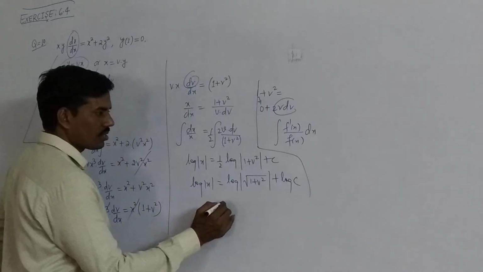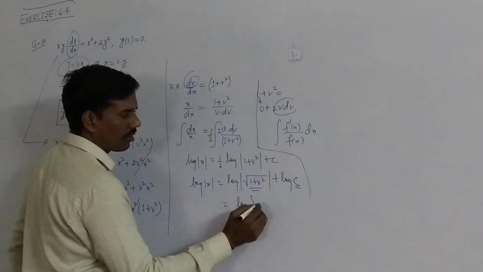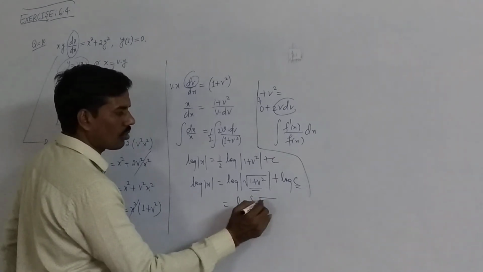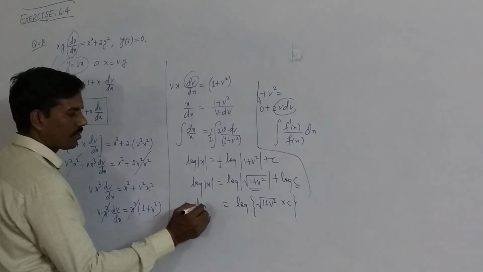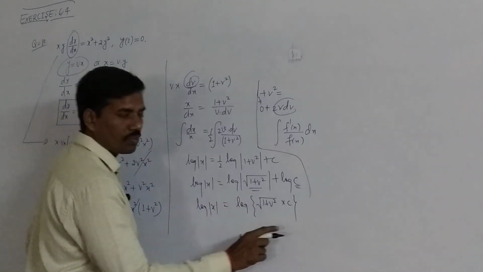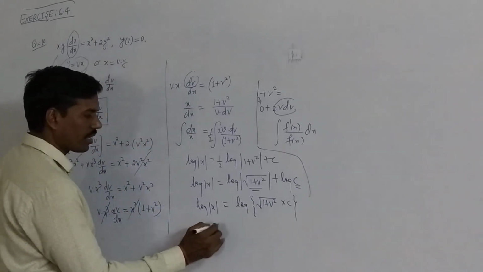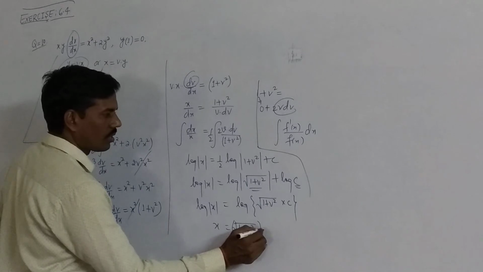So this can be written as log of m plus log of n, log of m into n, under root of 1 plus v square into c, and we know that log of a is equal to log of b, then a is equal to b, means x is equal to under root of 1 plus v square into c.